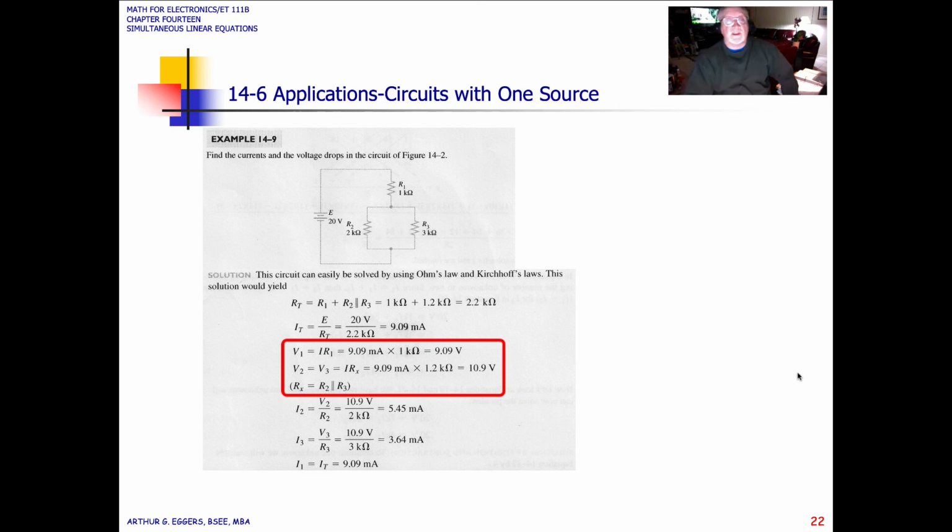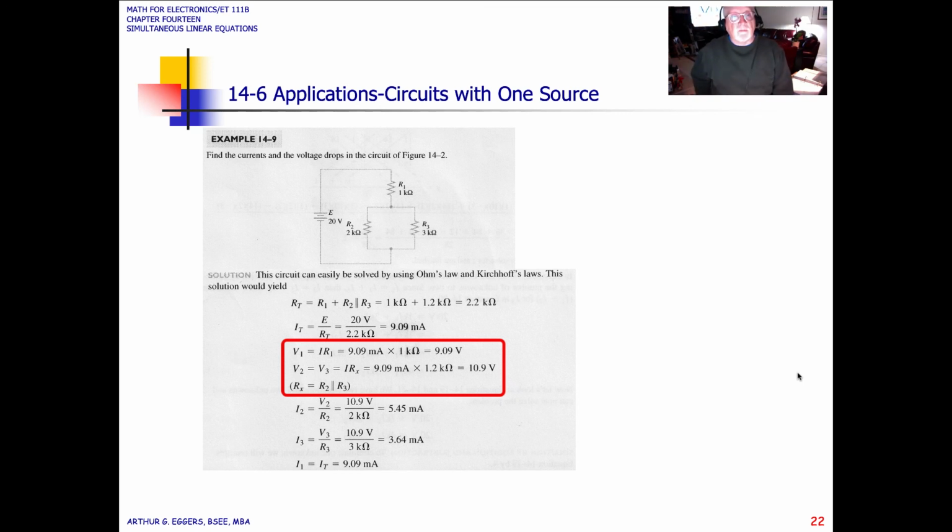Okay, so this helps us because whatever is dropped across R2 is equally dropped across R3. So if we take that voltage and calculate the total voltage drop across that parallel network, we can solve for the voltage drops.